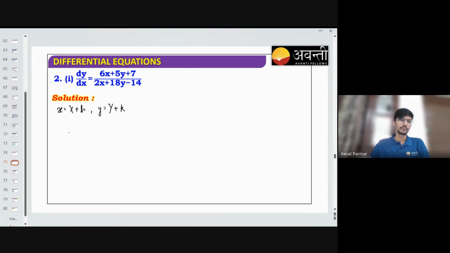Got it? So if I differentiate it, I'll get dx equals dX because the derivative of h is 0, and dy equals dY.